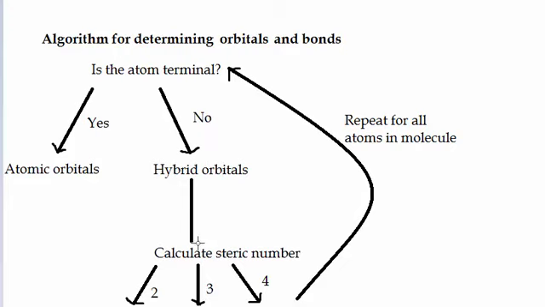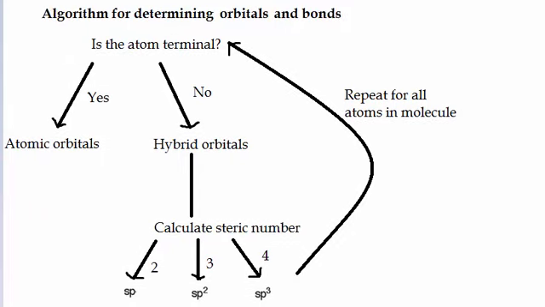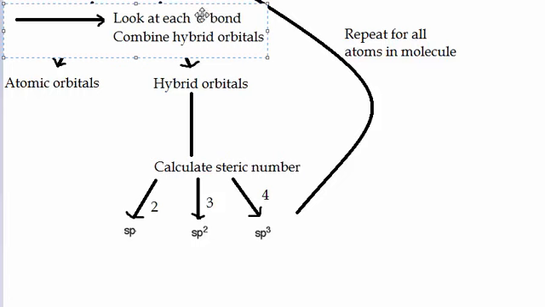When you're looking at an atom that you know has hybrid orbitals, you use that steric number formula to calculate if it's going to be sp, sp2, or sp3. And then you just keep going until you've done all of the atoms in a molecule.